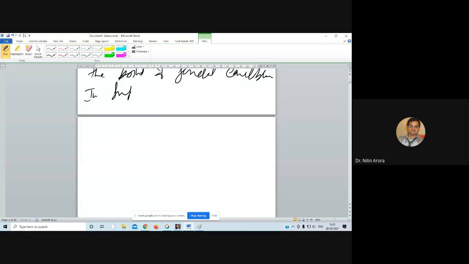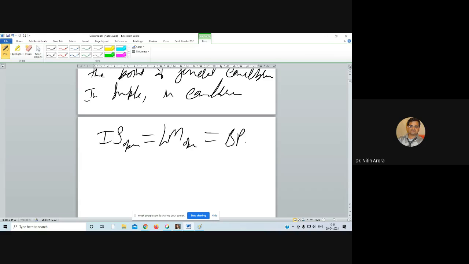In simple terms, in equilibrium, IS open is equal to LM open is equal to BP, balance of payment curve.